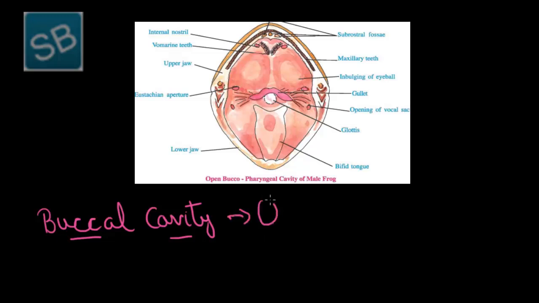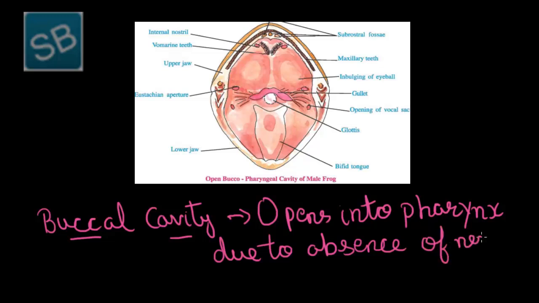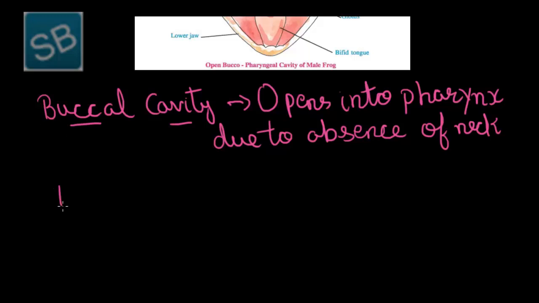Now, as said earlier, the buccal cavity opens into the pharynx due to the absence of a neck. There is no demarcation line between the buccal cavity and pharynx, and therefore these two combine to form the buccopharyngeal cavity.